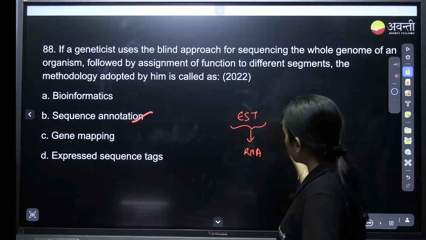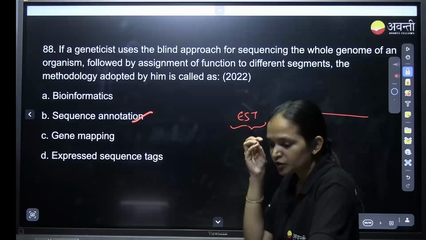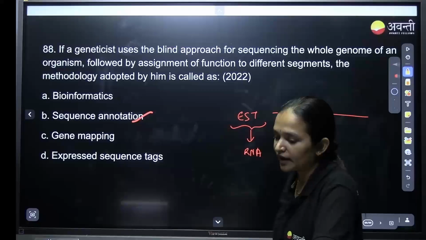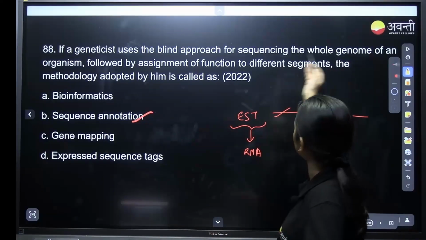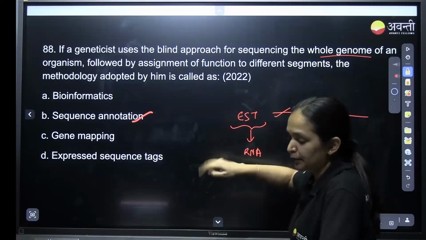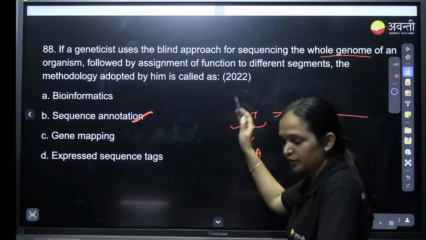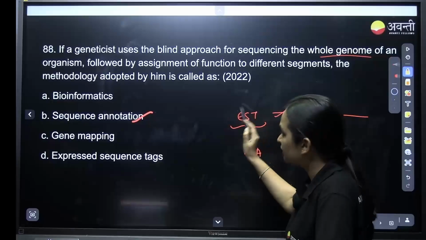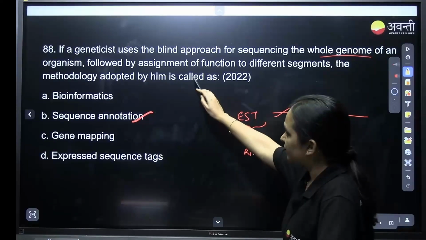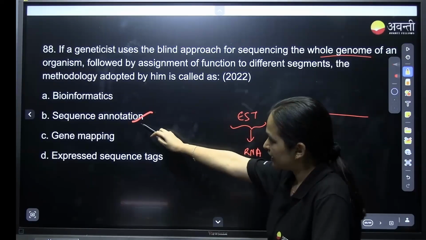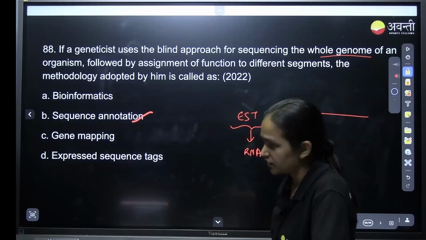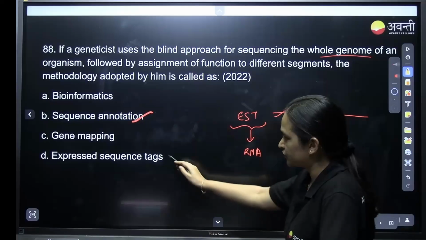In sequence annotation, the whole genome was sequenced, regardless of whether it gives mRNA or protein. That approach was not that great, so they didn't use it, but according to the question, the other approach was sequence annotation, not the expressed sequence tags. Understanding?